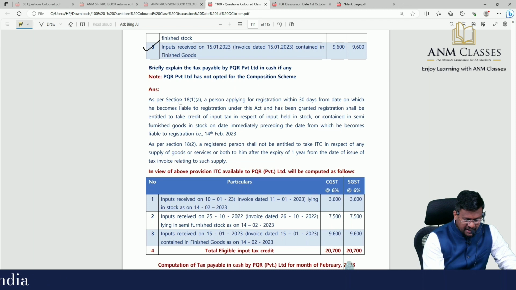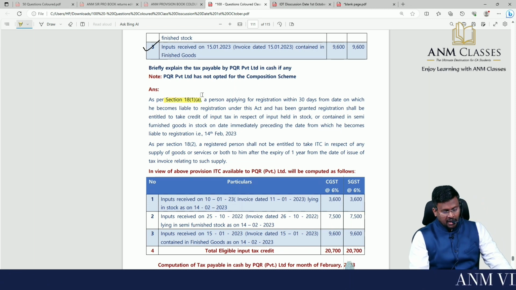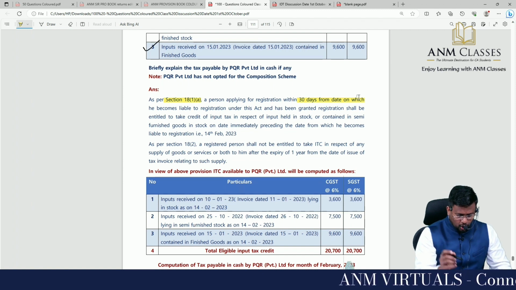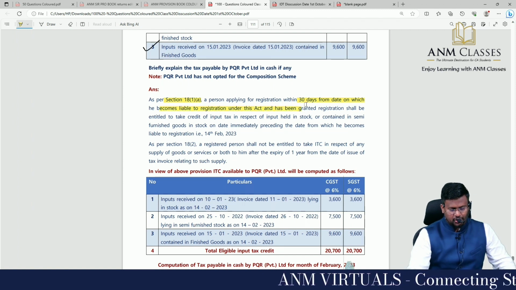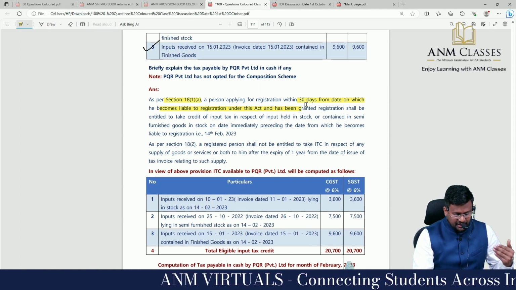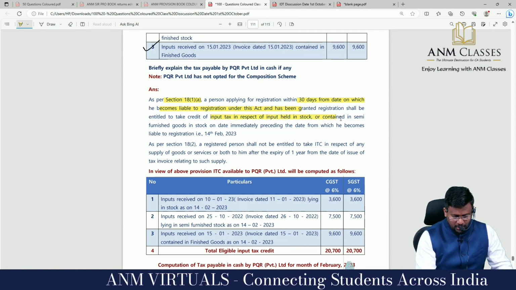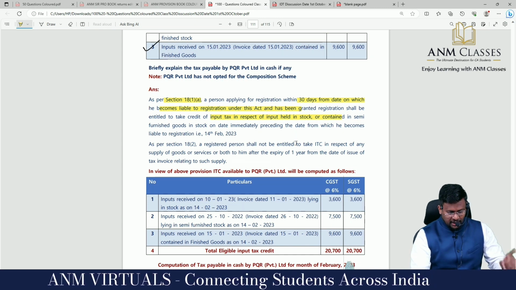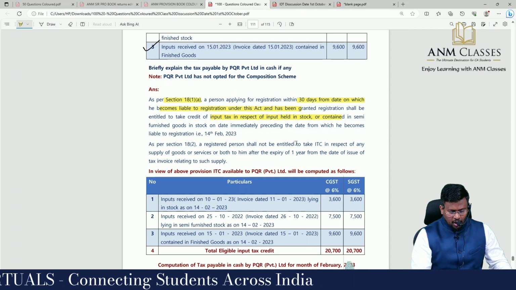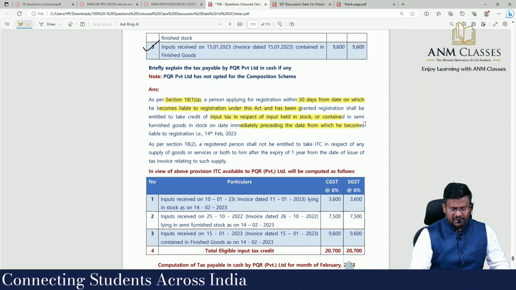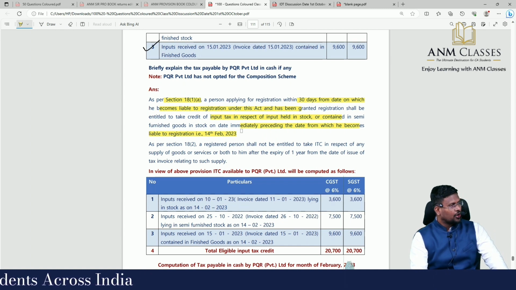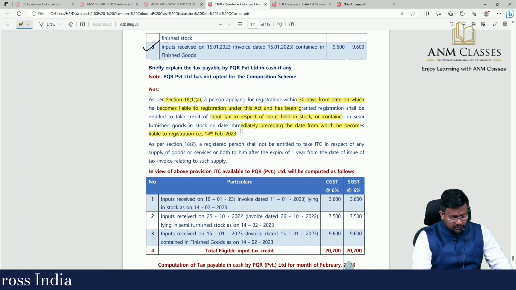As per section 18 subsection 1 clause A, a person applying for registration within 30 days from the date on which he becomes liable for registration under this Act and has been granted registration shall be entitled to take credit of input tax in respect of inputs held in stock or contained in semi-finished goods in stock on the day immediately preceding the day from which he becomes liable for registration, that is 14 February 2023.